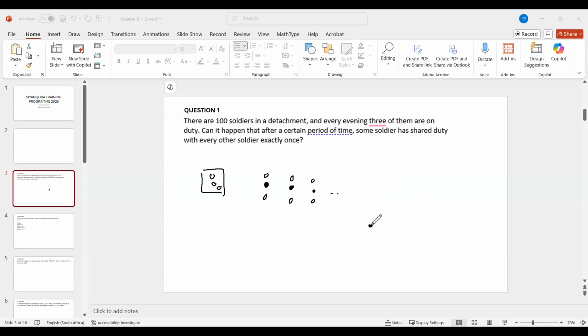So what happens is really, if you put it like this, the first day you've got two people. Second day, same guy, two people. Third day, same guy, two people, and so on. And eventually you say, is it possible that all 100 soldiers can be sorted out like this?